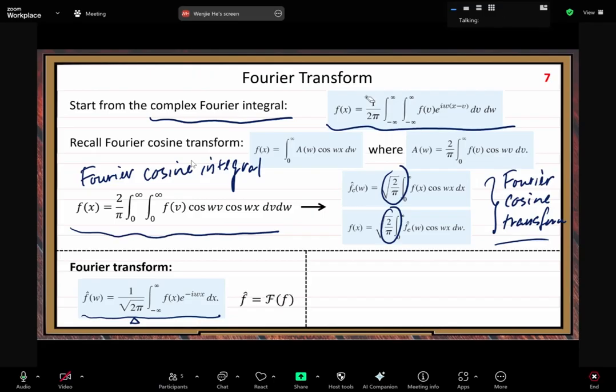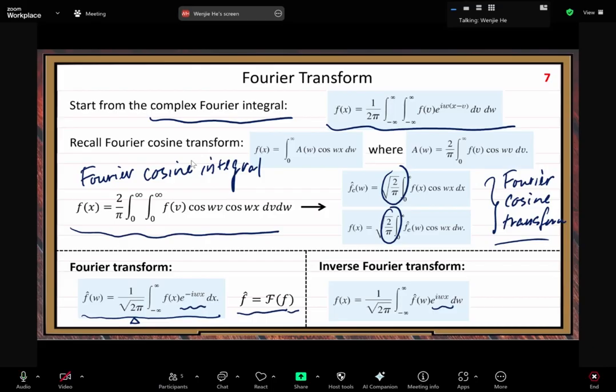The simple short notation is the curly F. Then the inverse Fourier transform, similar definition. You can see the exponential function needs that i. If you do not use i, it is like a Laplace transform.